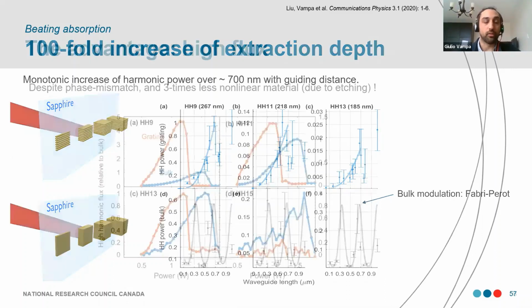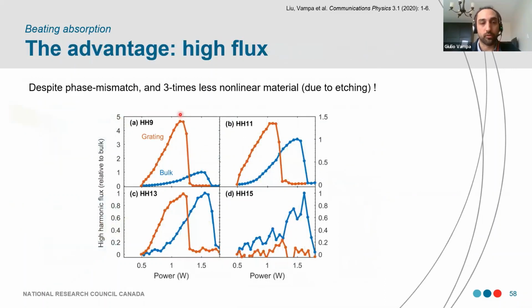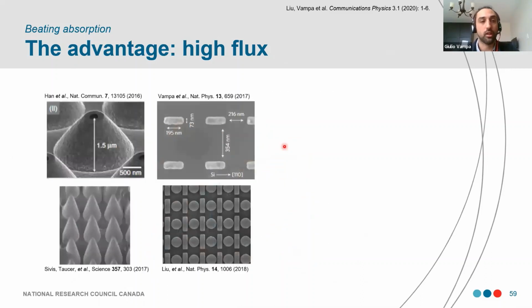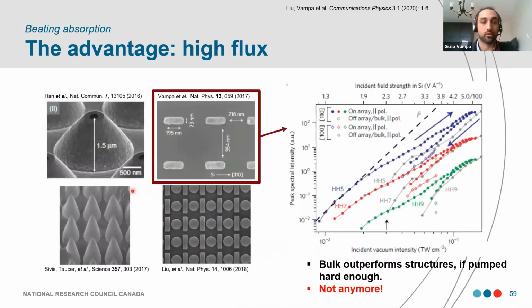And as a result of it, of course, the structure also outperforms in terms of power the bulk at all powers, all the way up to the damage threshold. So that was the motivation behind this project, because in all these enhancement nanostructures, to enhance the field, you necessarily have to confine it to small volumes, and confining to small volumes, you lose emitters.